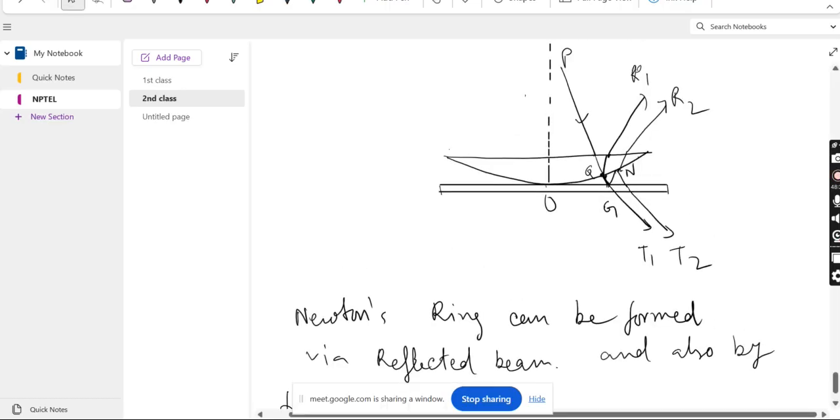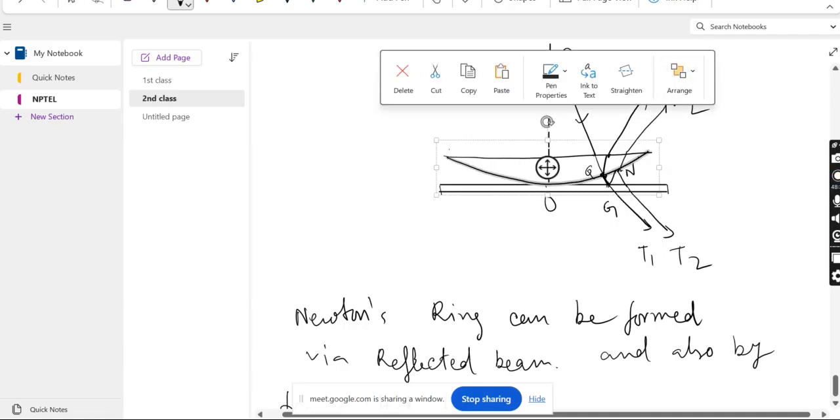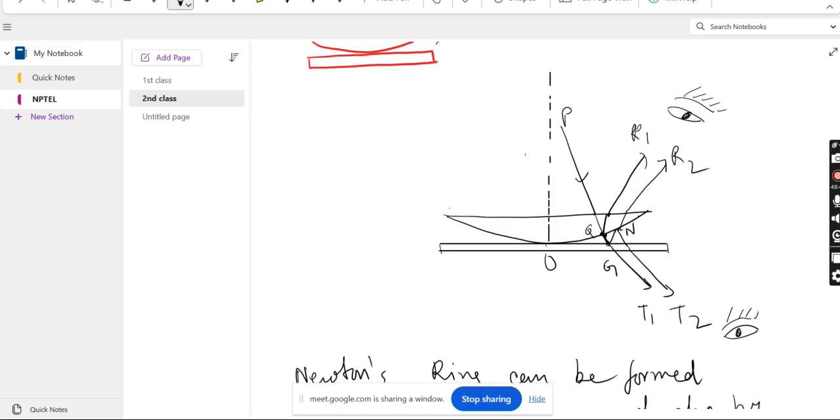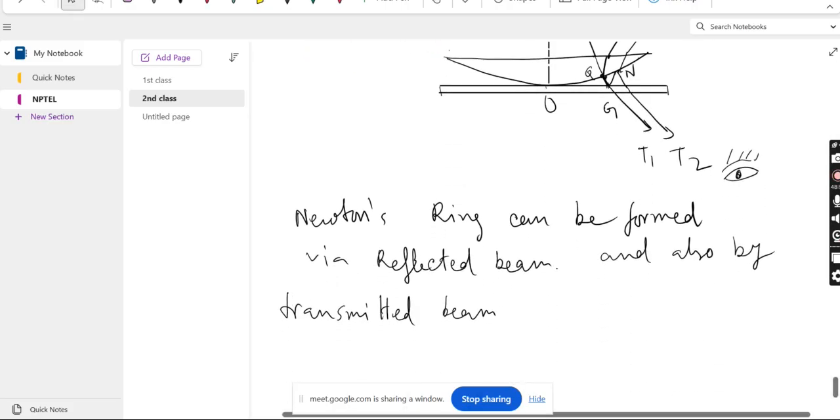What does that mean? That means if we see Newton's rings from here, we will see them, and we can also see Newton's rings from here. But is there any difference? Yes, there is a difference.